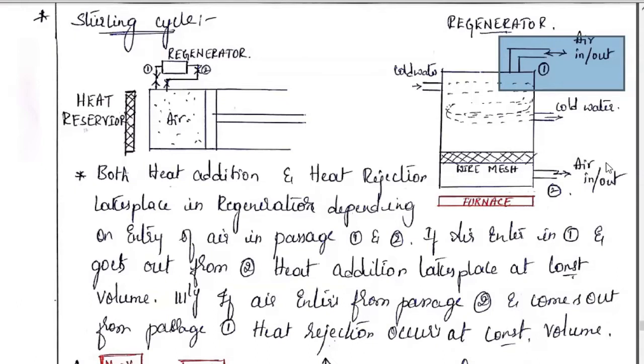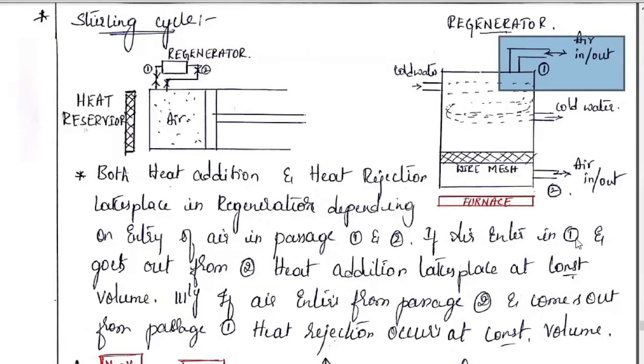In the meanwhile, if the air goes in from the second port, it comes out from the first port. So this can be reversed. If you want it from 1 to 2, it is possible. If you want it from 2 to 1, that is also possible. So what happens during the working condition? Check out both heat addition and heat rejection in the regenerator depending upon the entry of the air in passage 1 to 2.